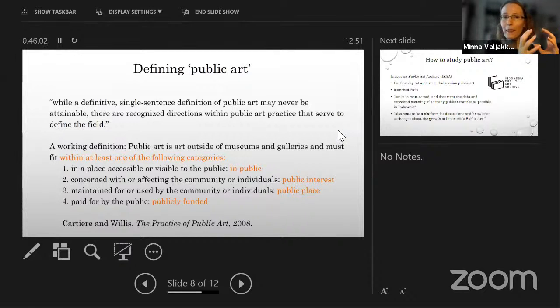So that's a kind of subcategory of public art in itself. But personally, I prefer that we try to be a little bit more focused, and we would accept, for example, Cartier and Willis' suggestion at this point that this is outside of the museums and galleries.